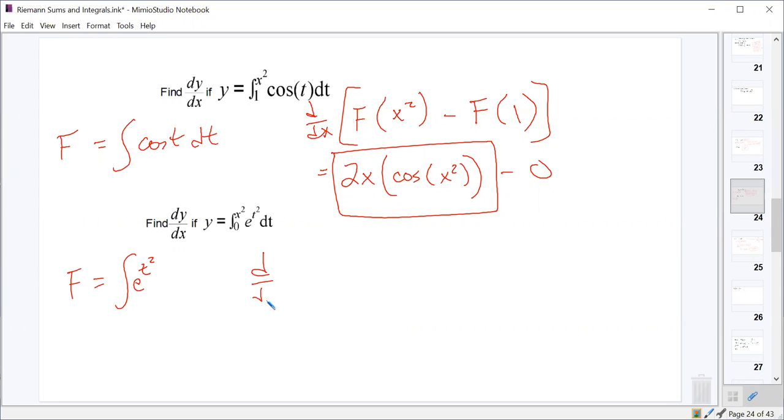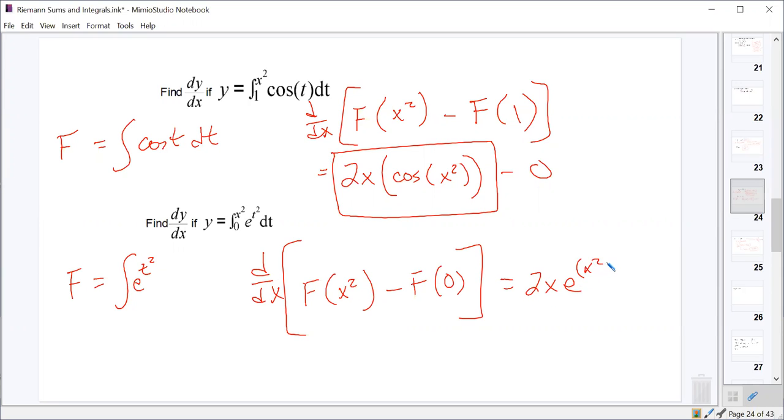So this becomes the derivative with respect to x of capital F of x squared again, minus capital F of 0, which should then become 2x times e to the x squared squared minus 0. So we plug in the x squared for t, so it's x squared squared, and we end up with 2x e to the x to the 4th.